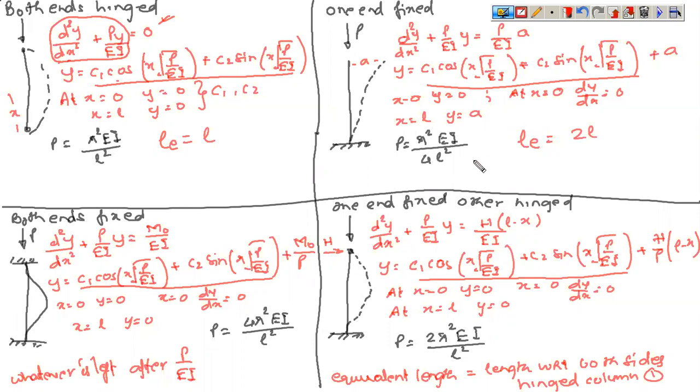If you replace L by 2L, you get this equation. So equivalent length LE is equal to 2L. Okay. If you look at this term, equivalent length is equal to L by 2.